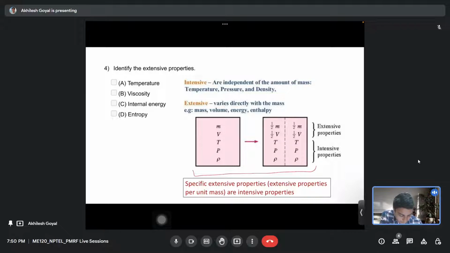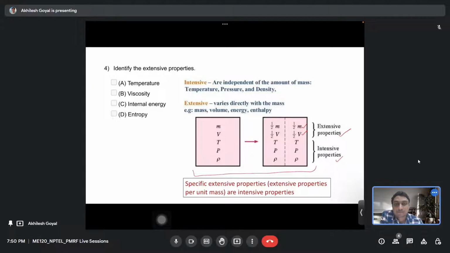So as we divide this whole volume, two properties also become half. These two properties, mass and volume, depend on the amount of mass, so they are called extensive properties. But temperature, pressure, and density don't change with the mass, so these are intensive properties.